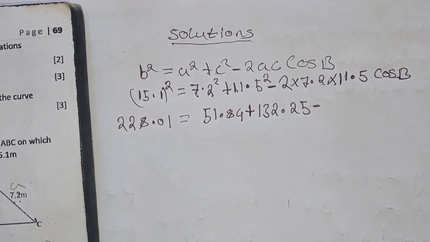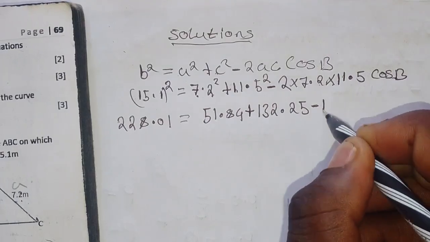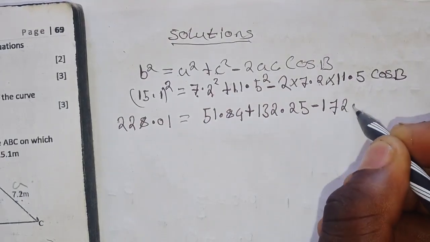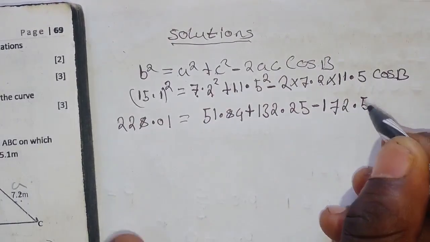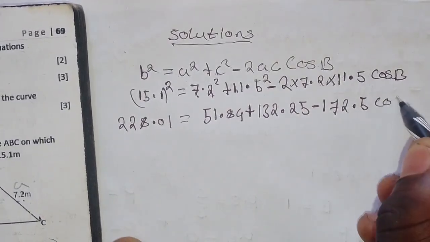This will give us 172.5, and don't forget your cos B here.